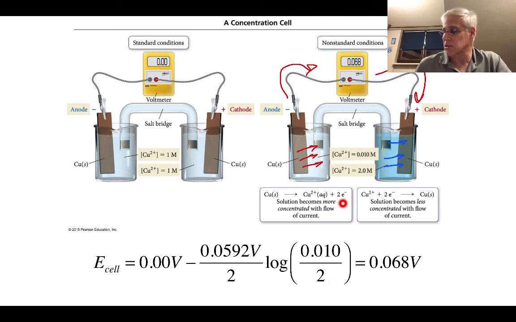If I add these two equations together, we would have to make sure we note which is the reactant and which is the product. We see that the copper ion solution here that's low is the product, so the 0.01, and the one that's higher would be in the reactant, and so that's down here, R2. And when we carry out that calculation, we get 0.068. So it really is just kind of a neat little thing there, a neat side effect of the Nernst equation.